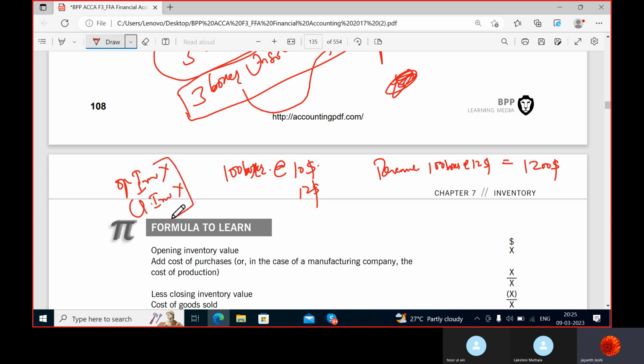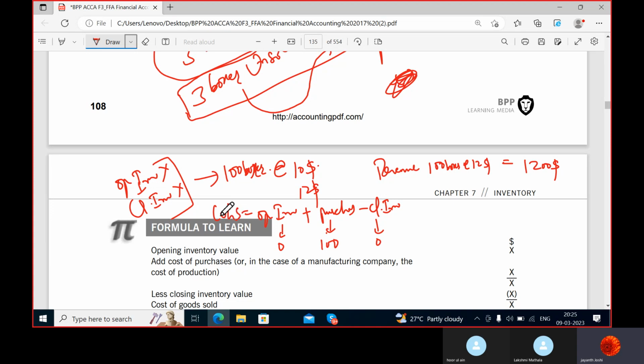When these two are not present, then definitely this is my purchases. So my COGS would be what? Opening inventory, which is 0, plus purchases, which is how many boxes I purchased? 100 boxes, minus closing inventory, which is 0. Correct? That is the formula for COGS.